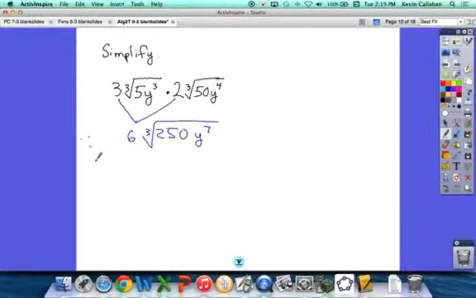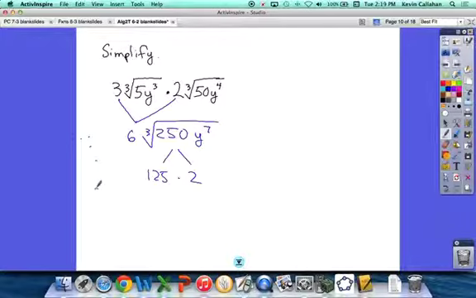And the numbers that they use in this chapter almost always are going to simplify. They're not giving you numbers that won't simplify. So you just have to look for what it is. So this is 125 times 2. How about that y to the 7th? What do I need to do to that? Trevor?